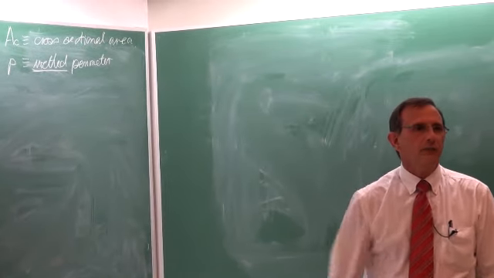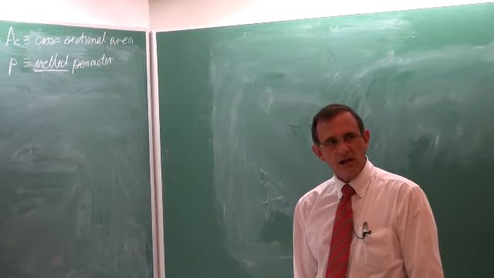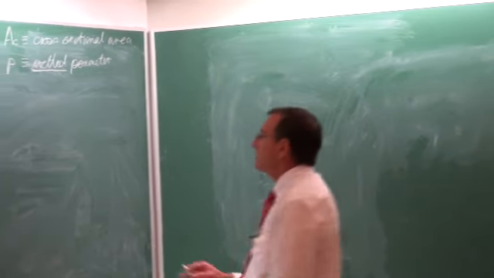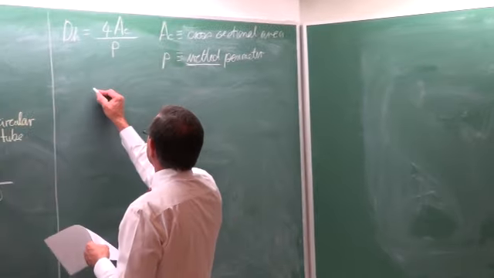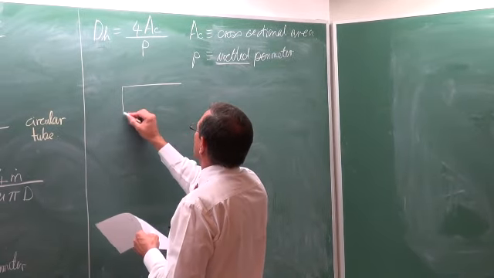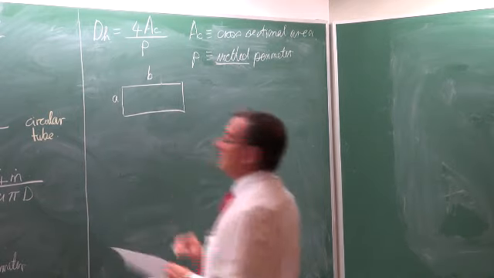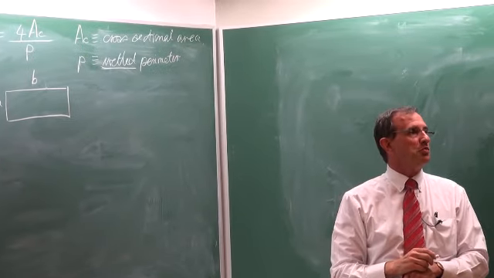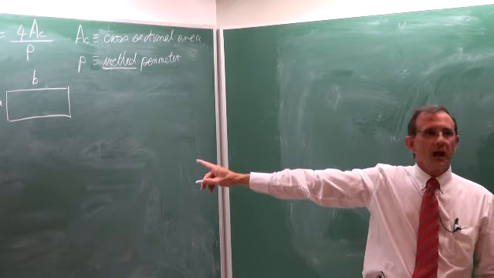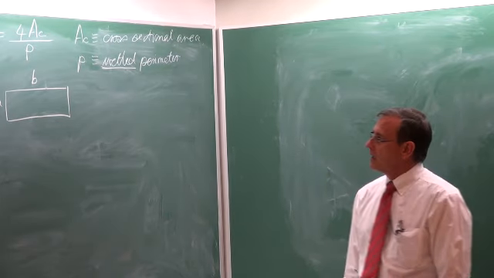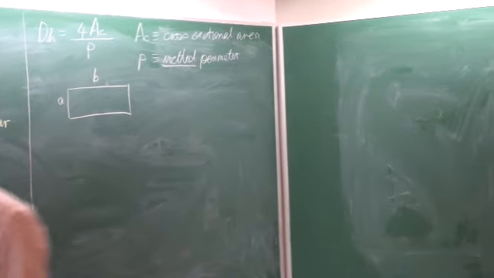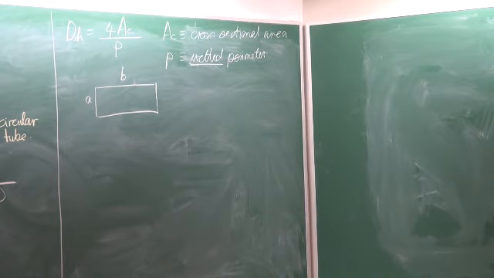I trust you've done many examples like this in fluid mechanics, but just to refresh your memory, let's look at a rectangular duct, where one dimension is equal to A and the other dimension is equal to B. Calculate the hydraulic diameter for that case quickly for me.